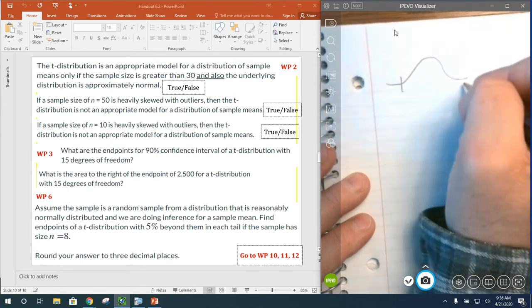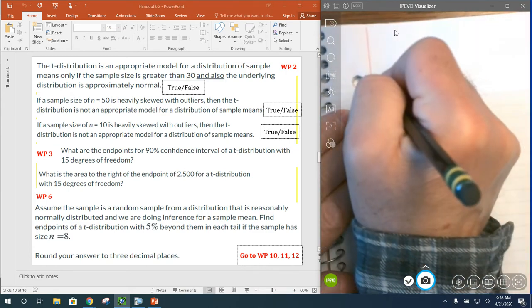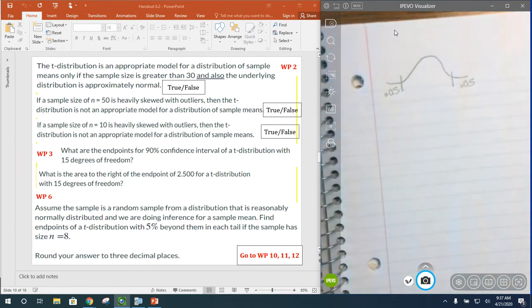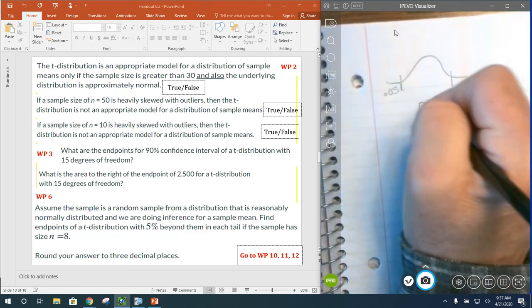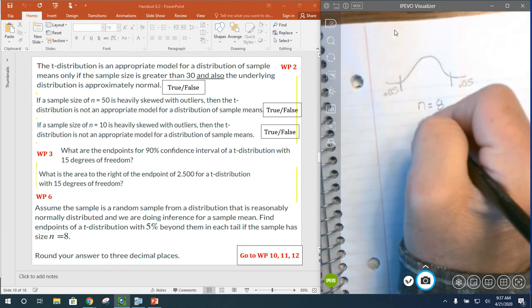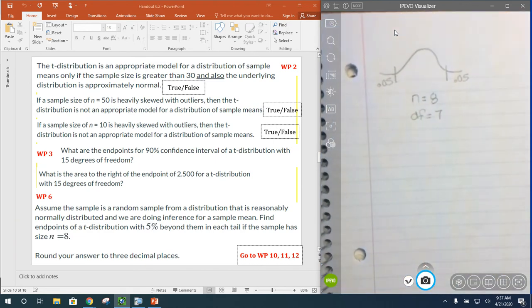I'm looking for this endpoint and this endpoint. It says I have 5% in each tail, 0.05, 0.05. And I know that my n equals 8, which means that my degrees of freedom equals 7. We have to know that when we're given n versus when we're given degrees of freedom.